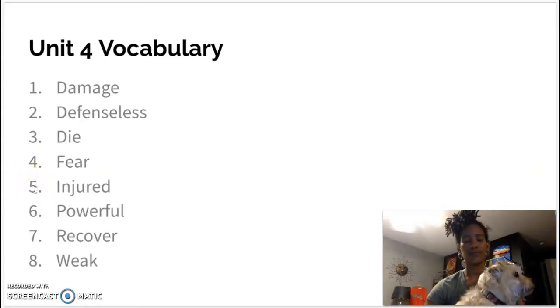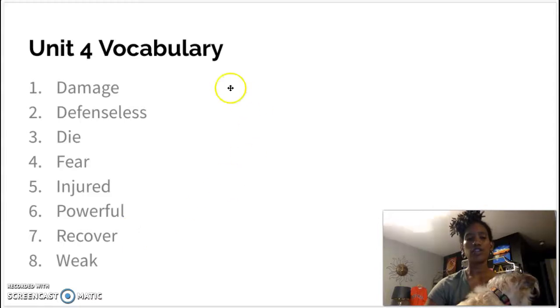Injured. Powerful. Recover. Weak. So here, guys, we have our 8 vocabulary words for the unit.